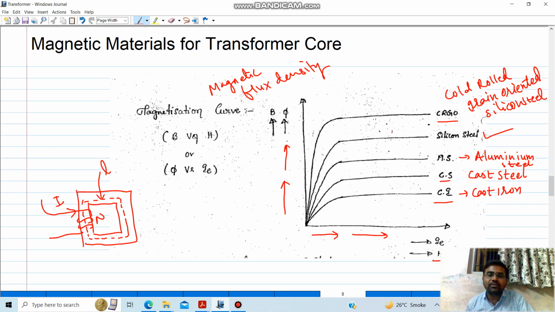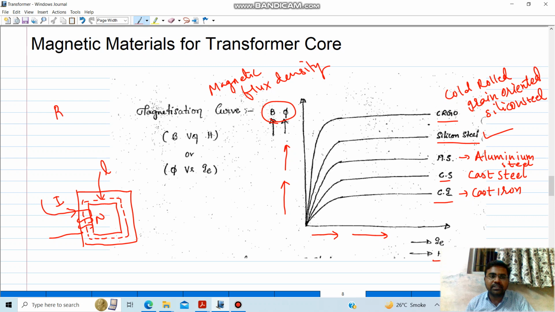This CRGO material has the highest flux density curve as compared to all the other magnetic materials, and it is basically derived from the silicon steel. How it is derived we will discuss later in this video. Now it is important to understand why a higher flux density in the transformer core is beneficial.